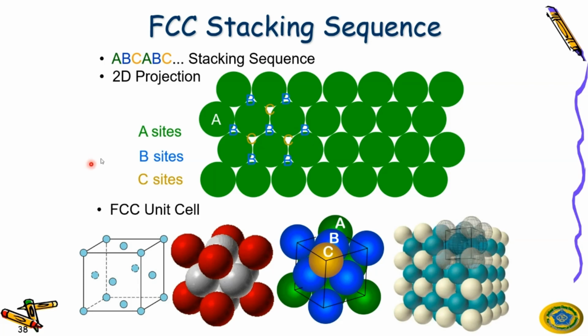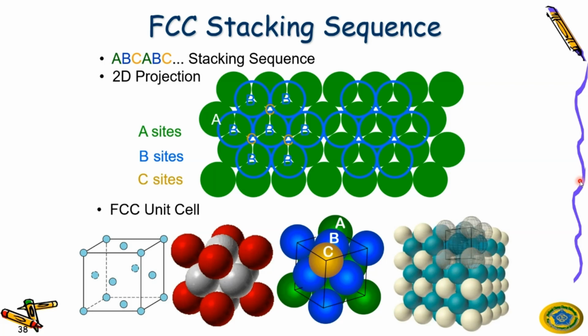Choice 1 is the B site. You put the ball in the B site. But once you put the ball in the B site, you cannot put the ball in the C site in the same layer. So you have two choices: first one, B site, or you can put it in the C site. In the case of FCC, we put the atoms in the B site.